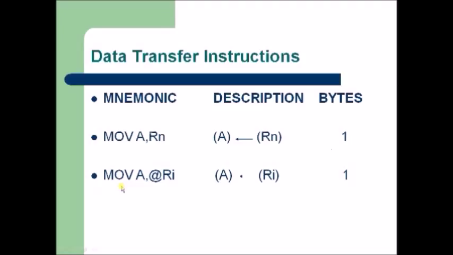Next, MOV A, @Ri: the value at the address in Ri is copied into the accumulator. Initially Ri stores a value that is considered an address, and the value present at that address is copied into A. It is also a 1 byte instruction.